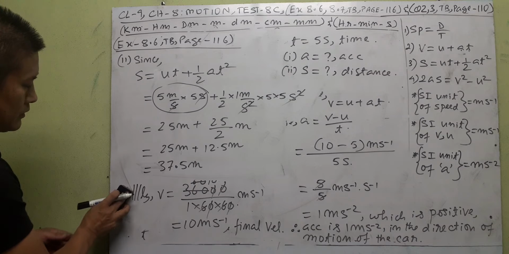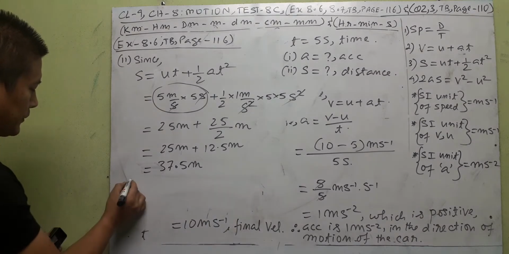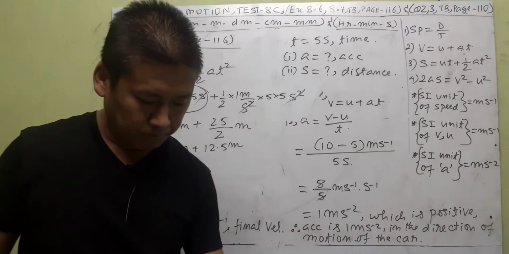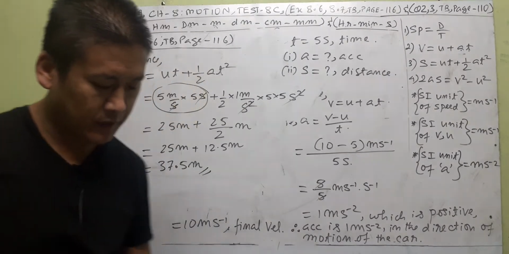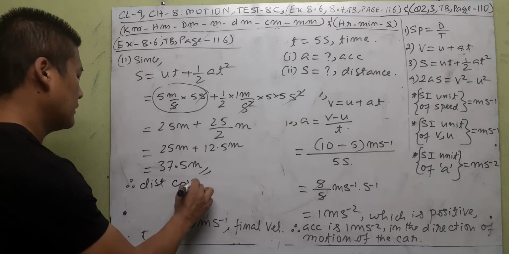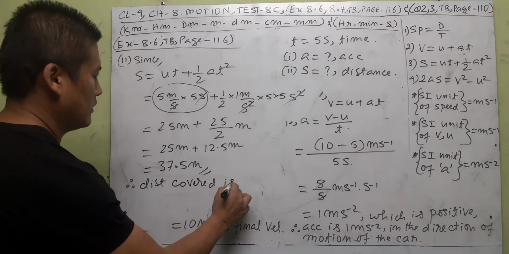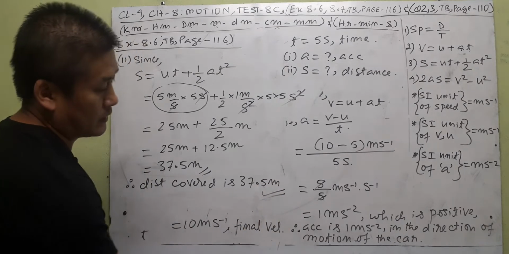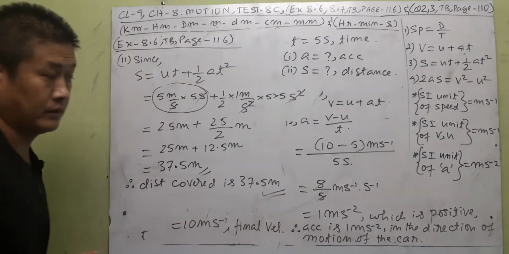So the distance, you can finally write down your answer if you want, or this can stop as your answer also. Distance covered in this case by the car is 37.5 meter. First answer here and second answer here.